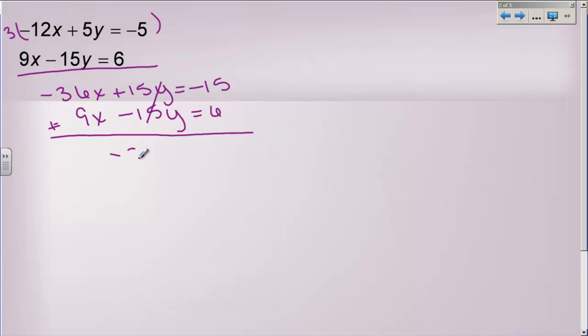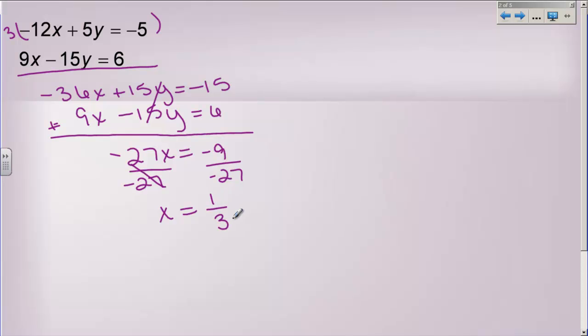So I have negative 27x equals negative 9. Well, when I divide this time, I'm not going to get a pretty whole number. The two negatives cancel and make a positive, but 9 over 27 just reduces to 1/3.